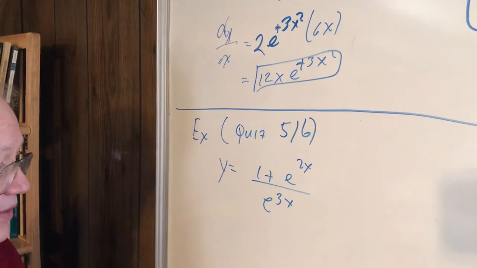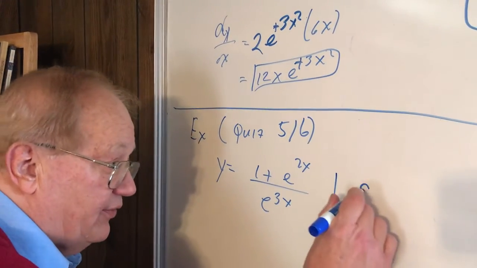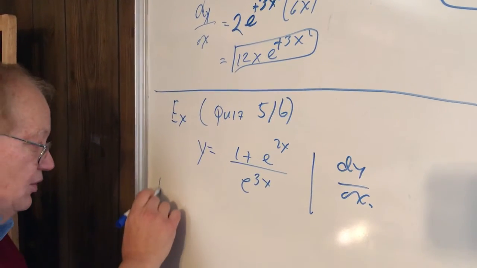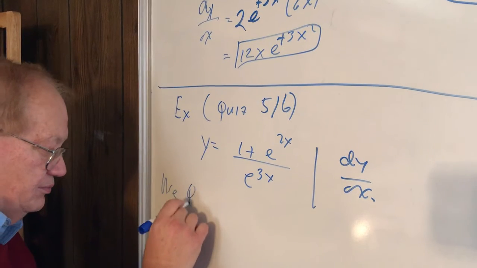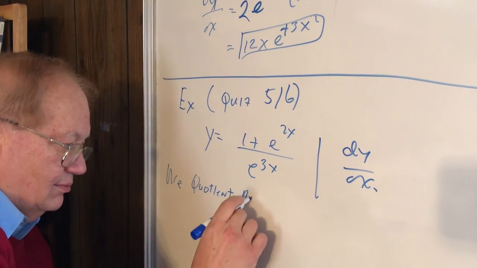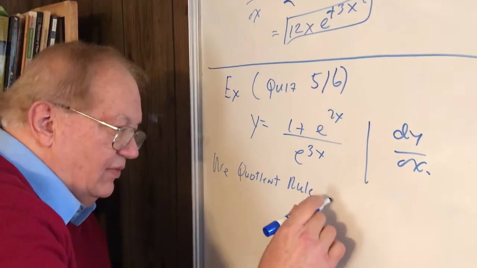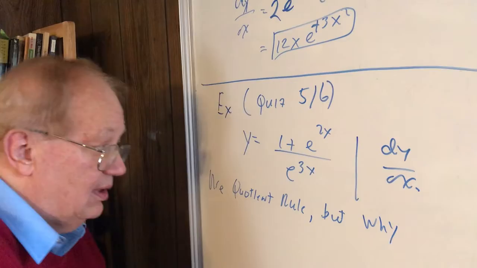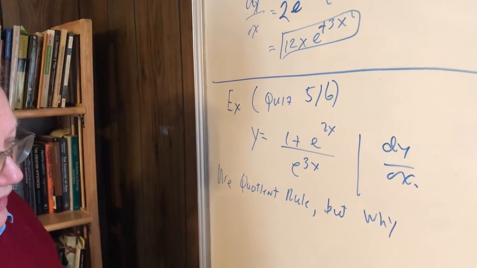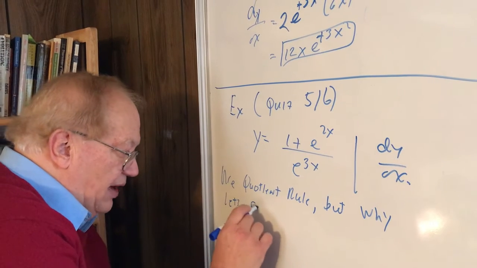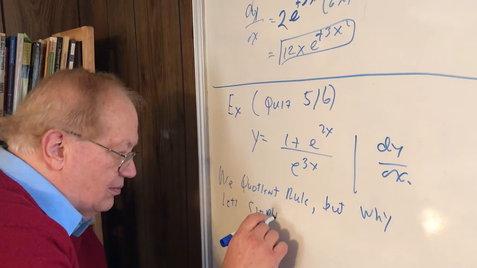Now, if you want to find dy dx, you could use the quotient rule. But why? Let's simplify the function first. Always try to simplify the function.